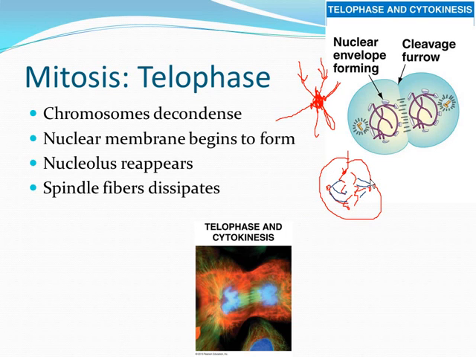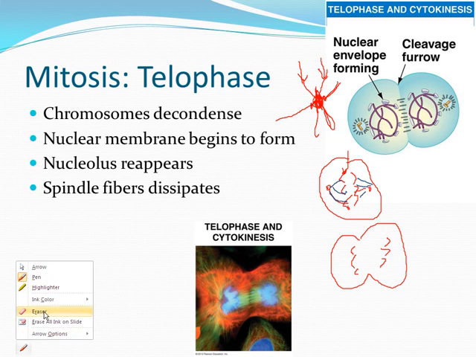Remember, we already duplicated the DNA in interphase during the S phase. So these identical DNA are getting pulled apart now. Cytokinesis starts to occur. I'm going to redraw it like this, and then we had the spindle fibers.